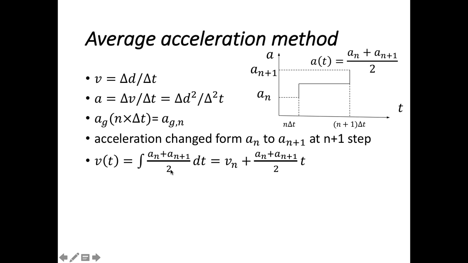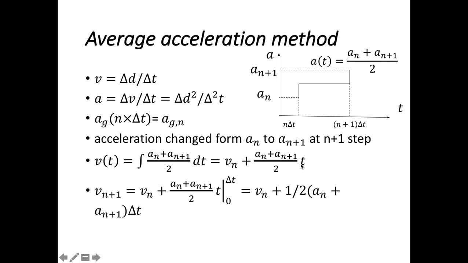By calculating the equation, we have a constant, which is Vn at the n step, and the velocity increases linearly from here to here, because the acceleration is constant at this time.